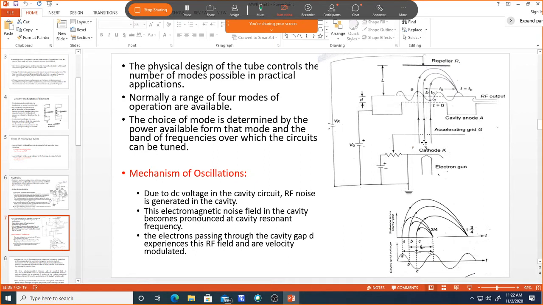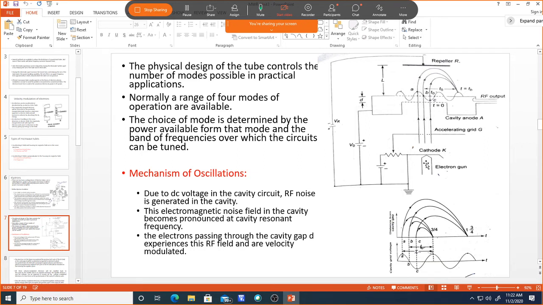So whatever the original velocity of electron A coming from the cathode, it experiences the positive RF cycle and is accelerated after passing through this cavity.